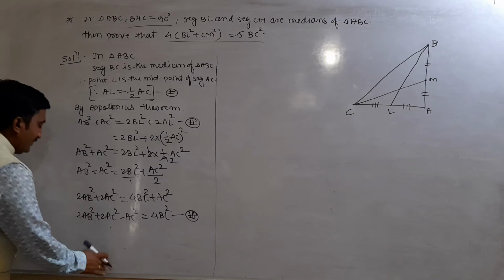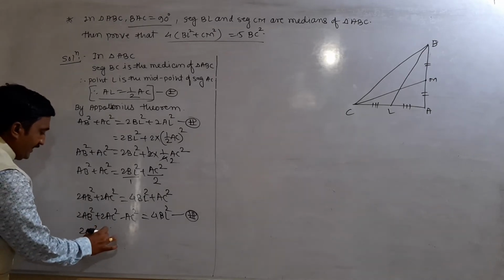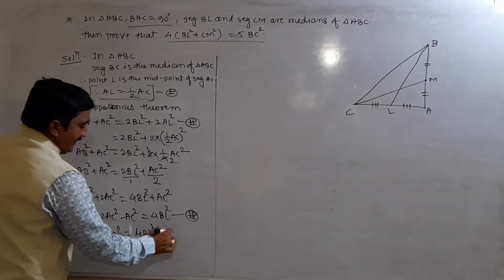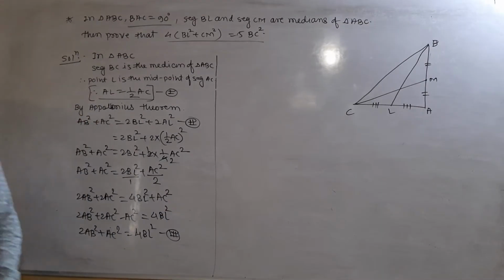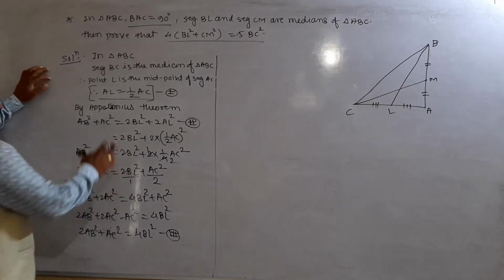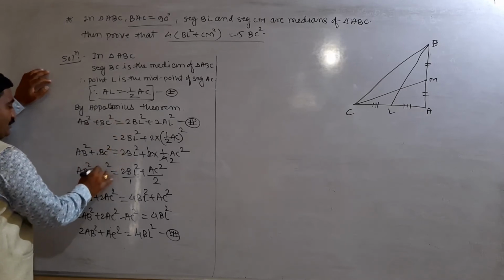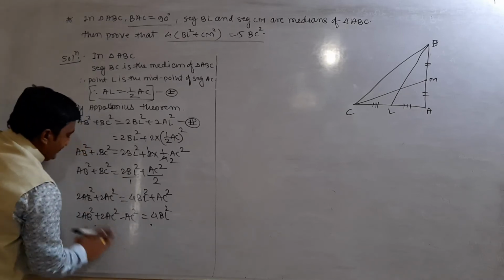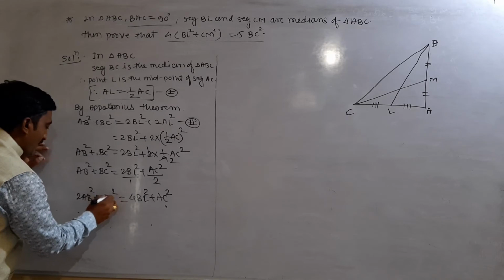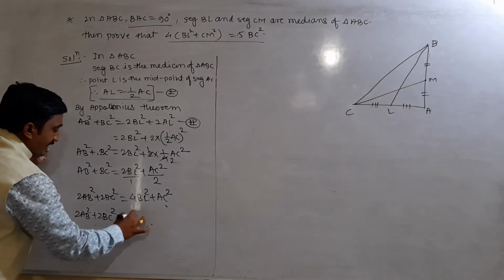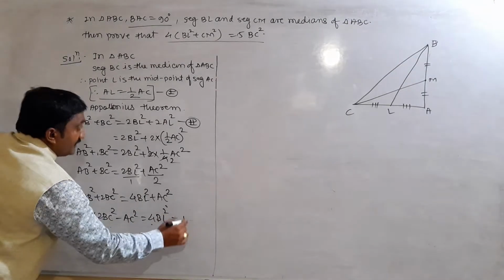This is equation third. 4BL square is equal to 2AB square plus 2BC square minus AC square. This is called equation third.